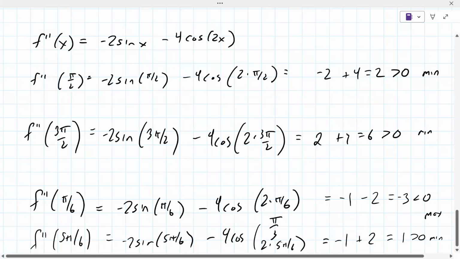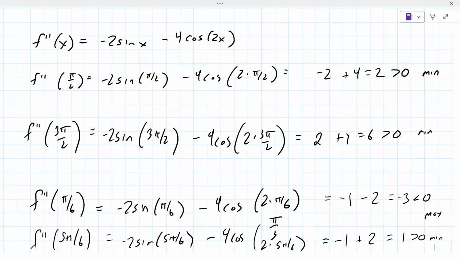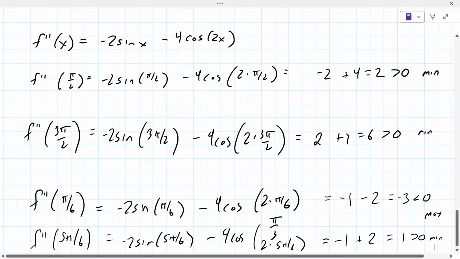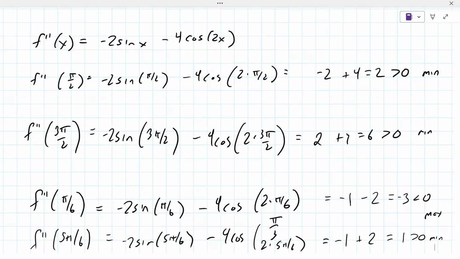Another reason these problems take so long is they're just pages and pages of stuff that you're doing. Do either of them look of interest to you?